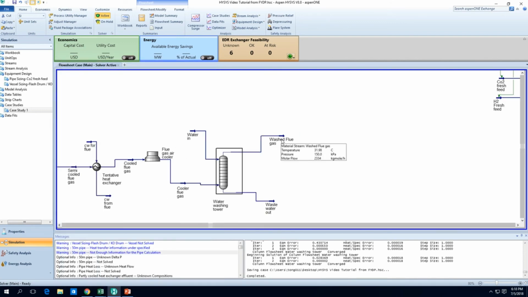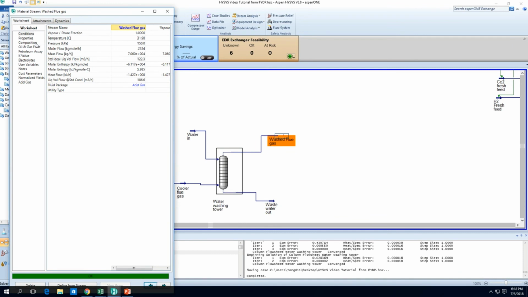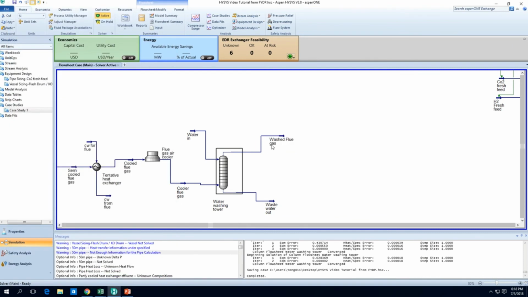Okay, so we have washed flue gas at about 32 degrees C. In fact, you can see that the washing water has effectively cooled the flue gas so much that you don't really need this air cooler anymore, basically. So that's good news. So let's just delete this away.